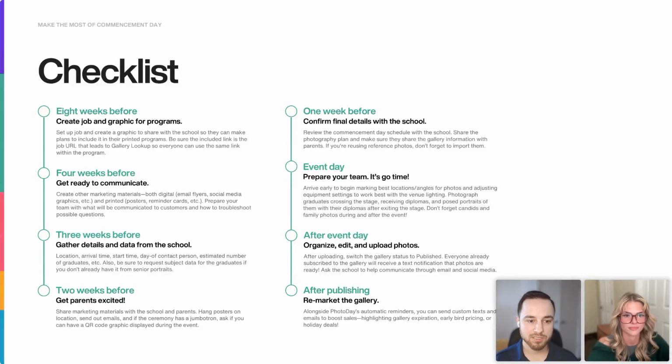And then afterwards, the marketing is a little bit different because everyone has their own unique access code. So you want to make sure that you have emails or a way to communicate each of those codes with everybody, whether it's through email or printed flyers mailed to them or sent to the school for them to pass out, which can be kind of hard because they're graduating, so they're not really going to be back at the school.